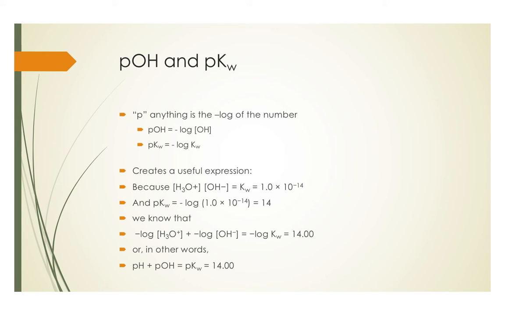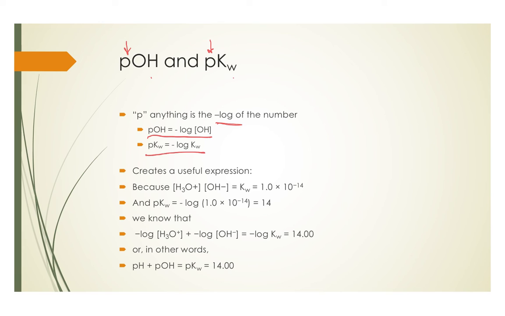So once we understand that, we can broaden this idea of this P symbol here, meaning the negative log of any number. So we can broaden that out to OH. We can broaden that out to KW. So pH is the negative log of H3O plus. pOH is the negative log of OH minus. pKW would be the negative log of the KW.